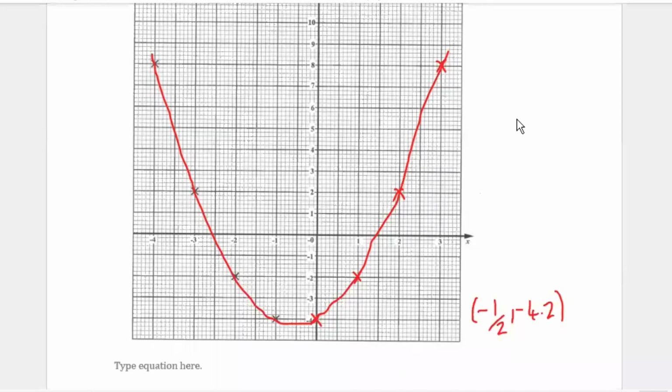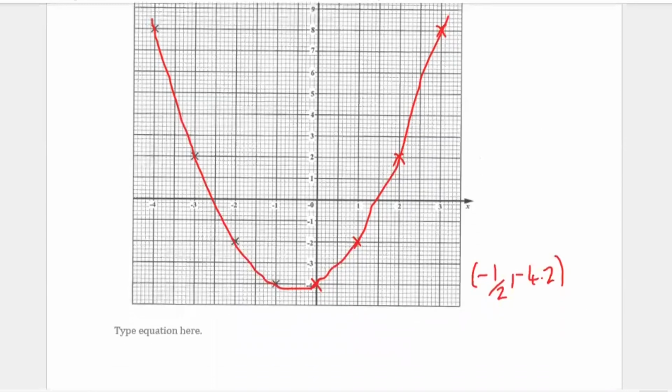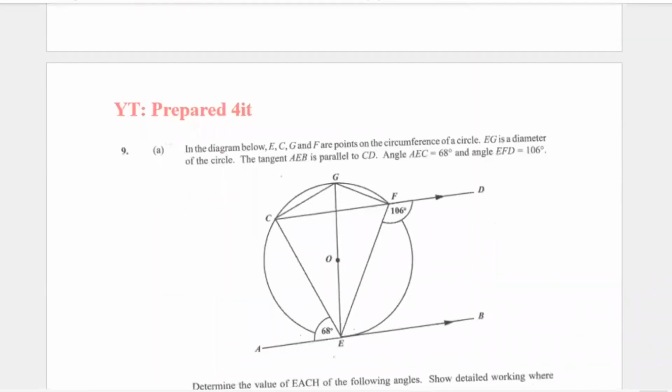If you write -4 though, you will not get it correct. So that is our value for the minimum value.